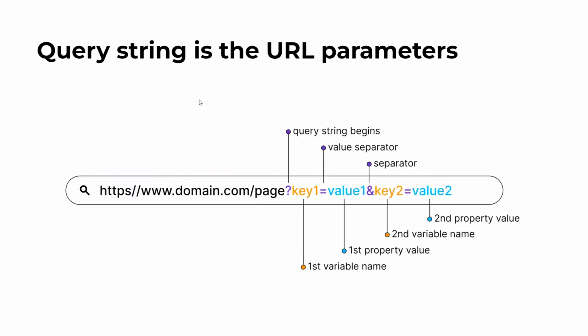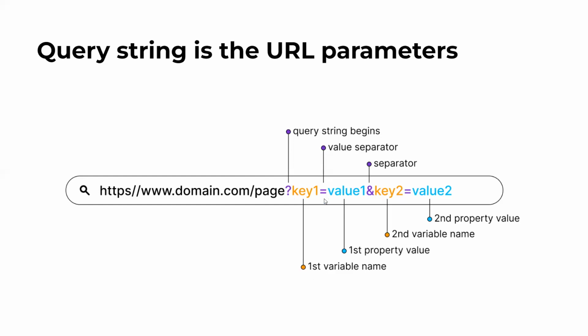So the query string is the URL parameters. The query string begins with the question mark, and then we will have the key, or the first variable name, and then we will have this value separator and its value.